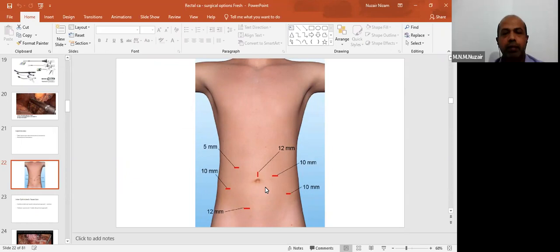We can either take it through the umbilicus, where we can extend the umbilical port in a longitudinal manner and then put an Alexis port and take the specimen out. Or we can take it through the left iliac fossa port, or even make a Pfannenstiel incision and then take the specimen out.